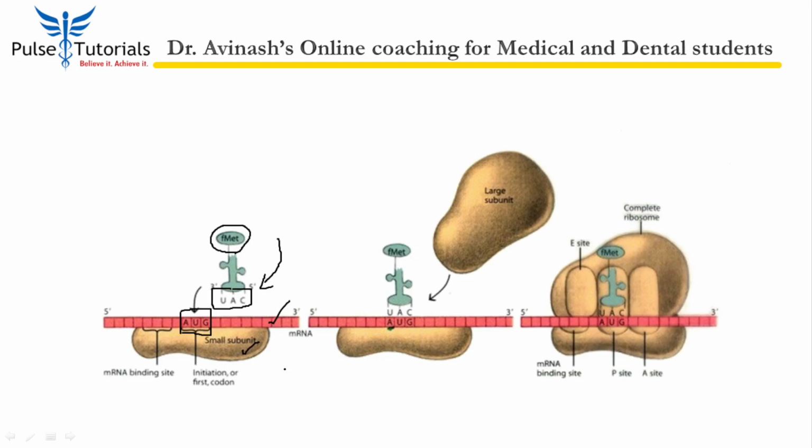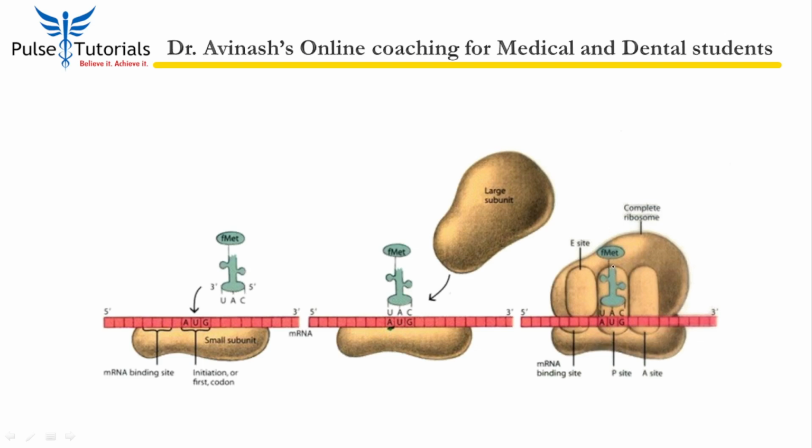I hope you got it. mRNA came out, it attached to the small subunit of ribosome, the first codon was read, and the first codon attracted the first tRNA with the correct anticodon, and it got stuck here. The moment it sticks here, the large subunit, the 50S subunit of ribosome arrives and joins this entire complex, right?